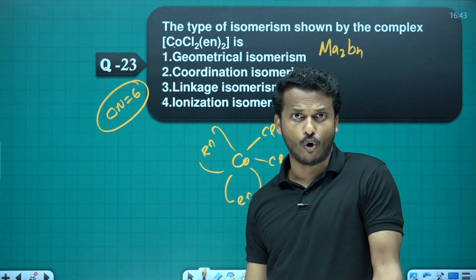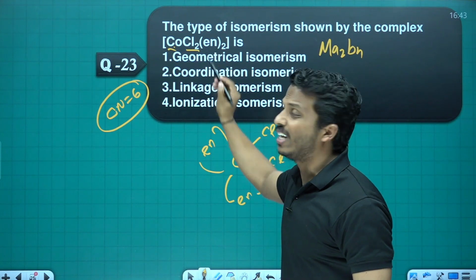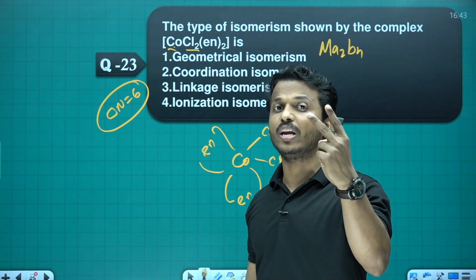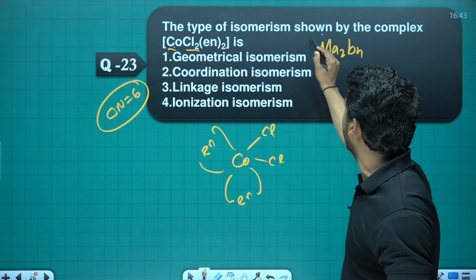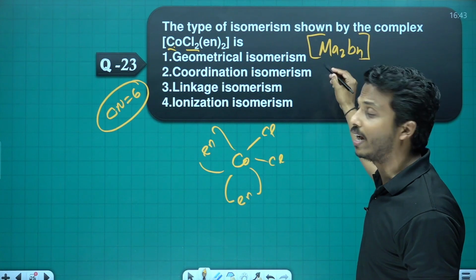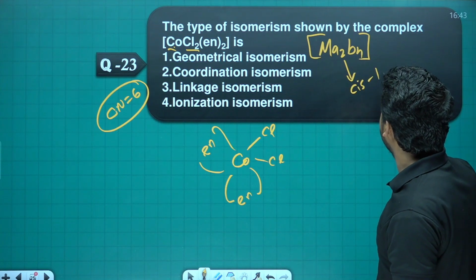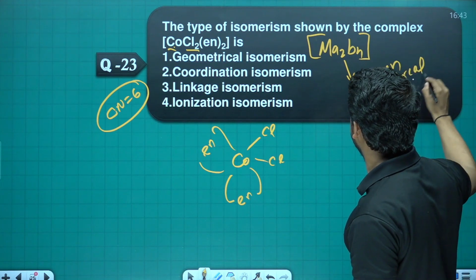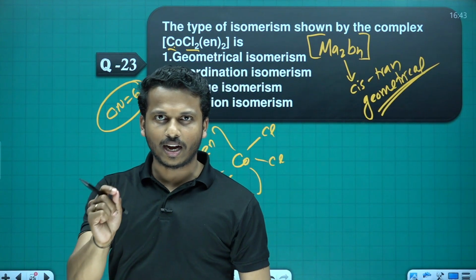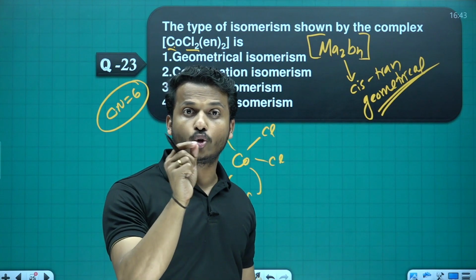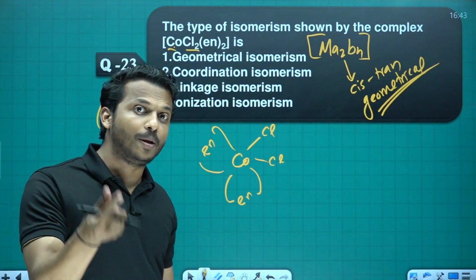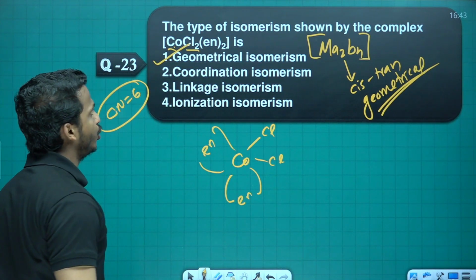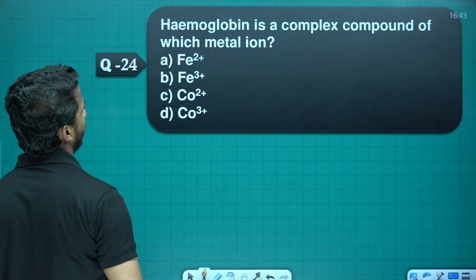Why B4? En is a bidentate ligand, so one En provides 2 sites, so 2 En provide 4 sites. Therefore, B4. Ma2B4 octahedral complex shows cis trans isomerism or geometrical isomerism, my dears. If it is octahedral, of the type Ma2B4 or Ma4B2, then it will show cis and trans isomerism. That is also called geometrical isomerism. Keep in mind.